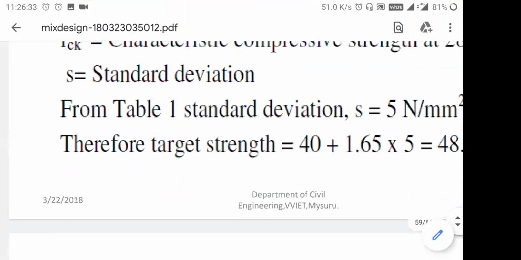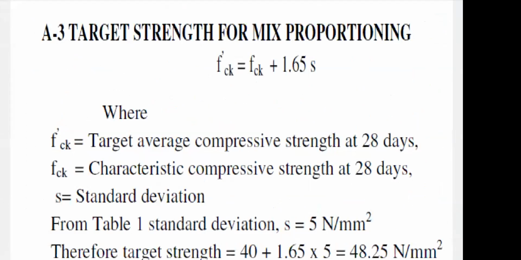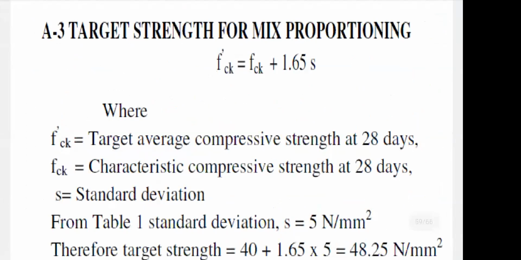So I hope you are getting how to do the concrete mix design by using the IS 10262:2009 method. The target strength has the formula f'ck equals fck plus 1.65 s. So listen everyone, try to solve this numerical on your own, and if you are facing some difficulty, you can contact me.